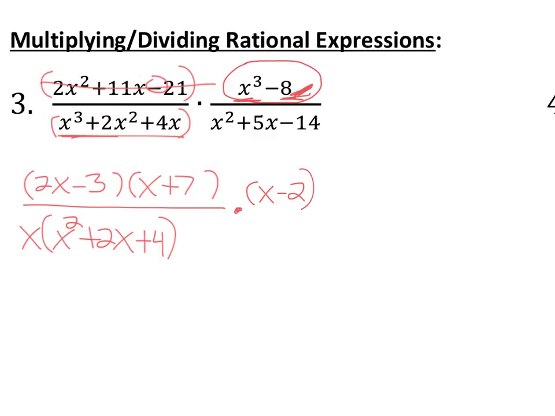Now, if we remember the rules, for a difference of two cubes, we have positive signs in the quadratic trinomial. The first term, you take the first term and square it, so it's x squared. The middle term is the product, so it's 2x.